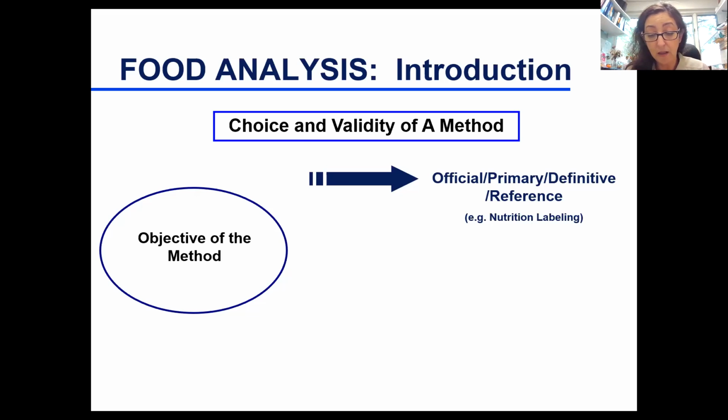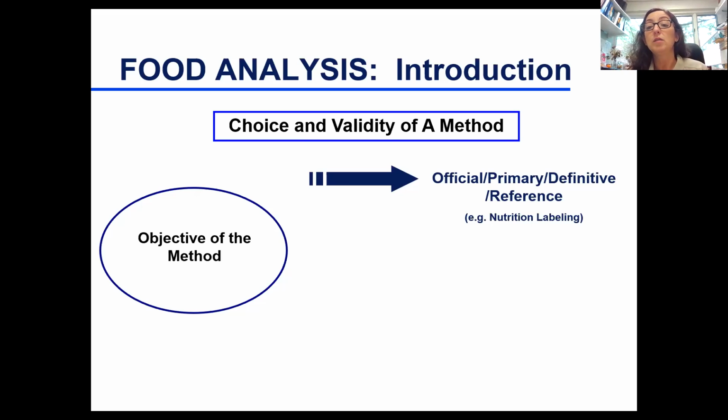So if you want to get total fat on the NIR and calibrate it, you want to get total fat using Mojonnier method or Soxhlet method, and then plug in the data and have standards so that you can use the NIR method. So NIR is secondary, and other methods, official methods, are primary.